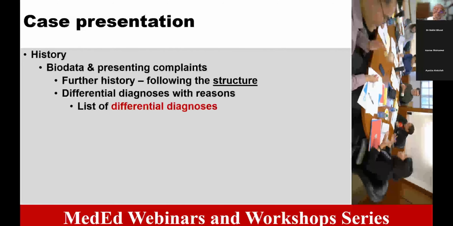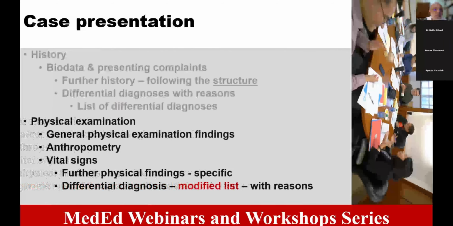Right? Now the next student comes, who is supposed to present the physical findings. That student would be asked to give only the basic information like vital signs and anthropometry. The rest of the examination findings would again be asked by the other students, and they have to ask relevant questions, like whether the liver is palpable or the spleen is not palpable, and then say why they want this information.